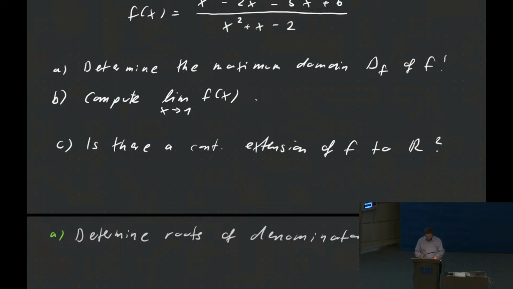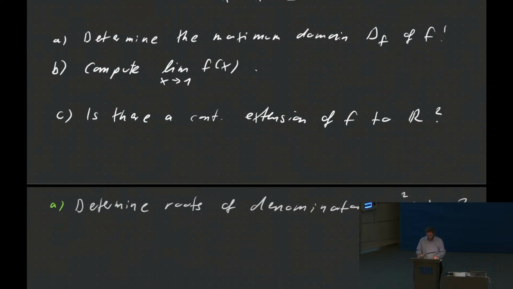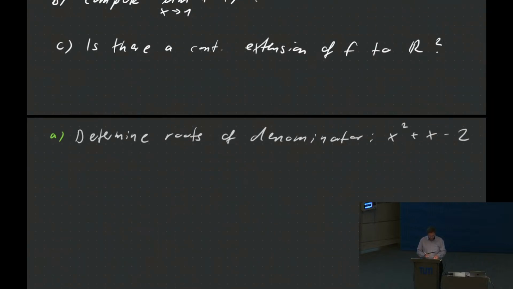And in this case, this is x squared plus x minus 2, a polynomial of degree 2. The easiest way to do this is probably using a formula that you all know. The roots of this are given by -1 plus minus the square root of 1 squared, that is 1, minus 4 times 1 times -2, that is -8, divided by 2.